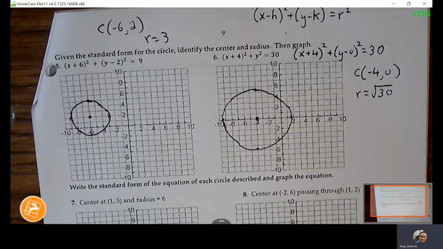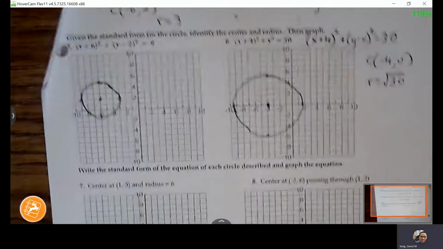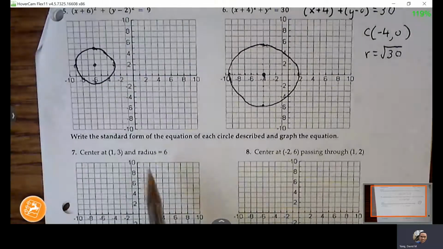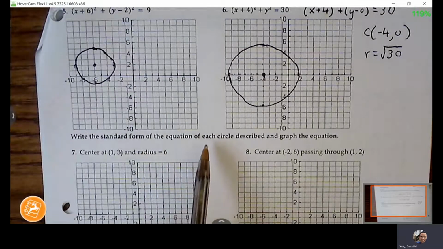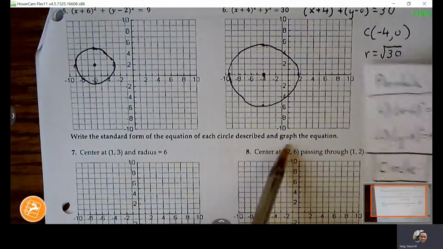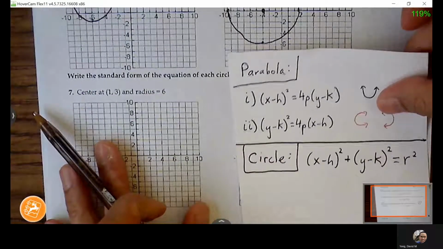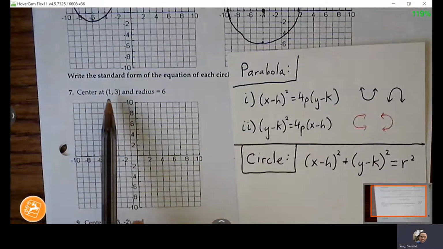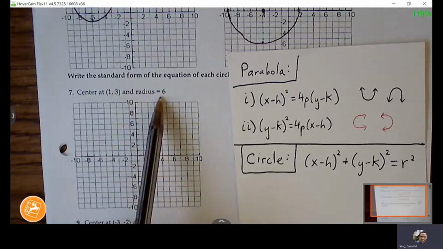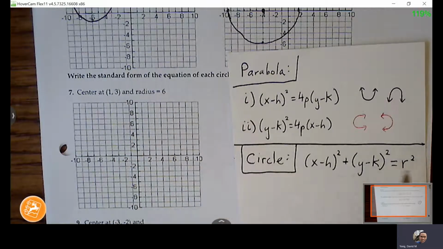Okay, let's look at number 7. Okay, so it says write the standard form of the equation of the circle, describe and graph the equation. So we know the center is our HK, we know our radius is R, we can just fill in to our standard form.